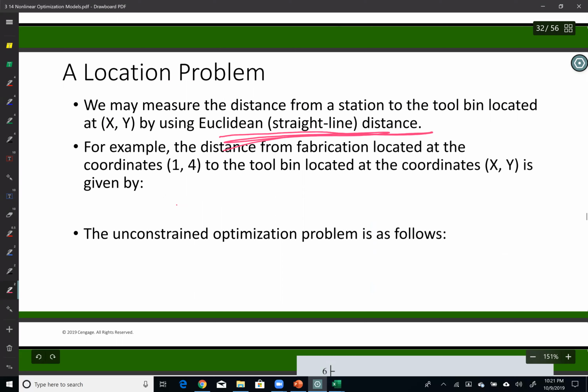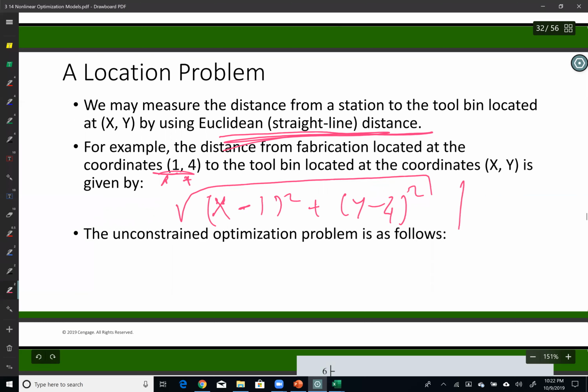If you remember your geometry class from high school, for the point 1, 4, X is 1 and Y is 4, so (X minus 1) squared plus (Y minus 4) squared, under a square root, will give me the Euclidean distance.